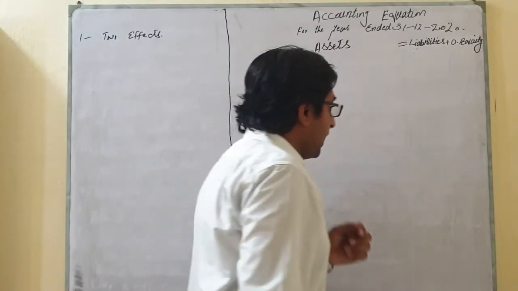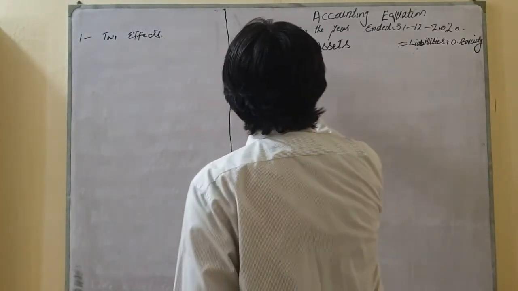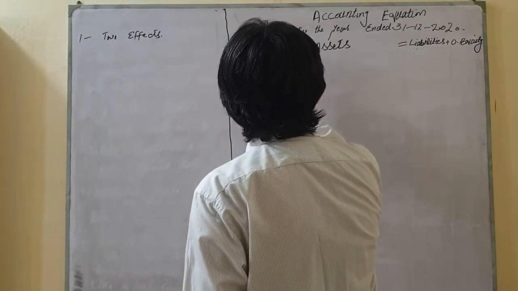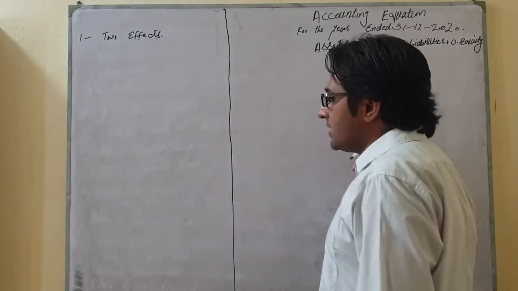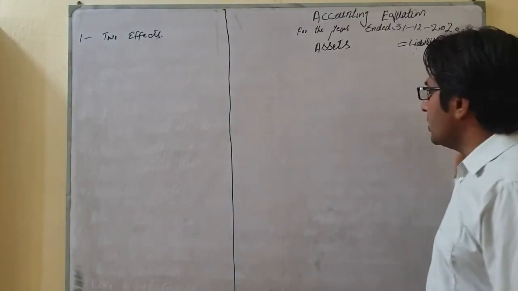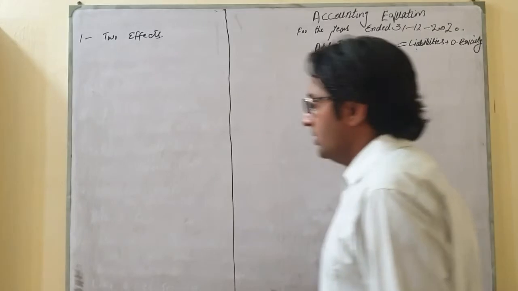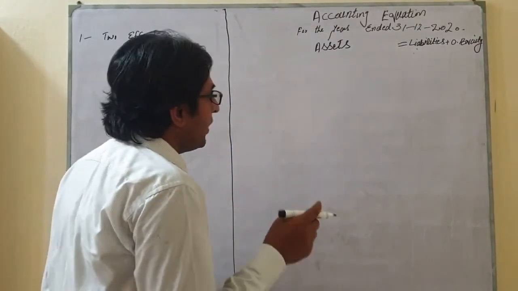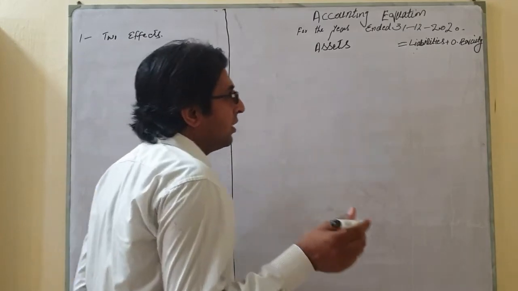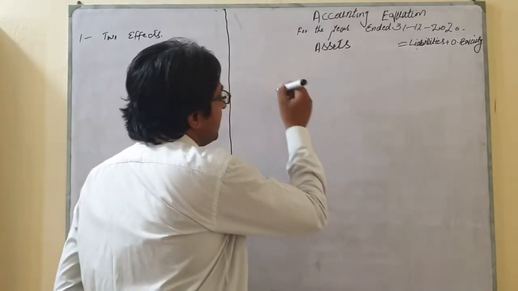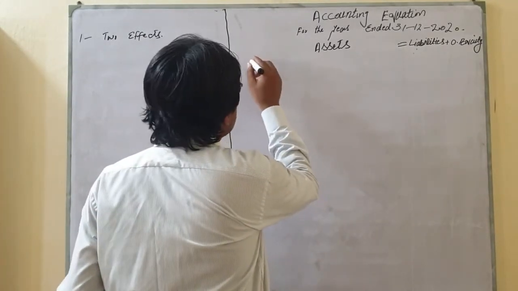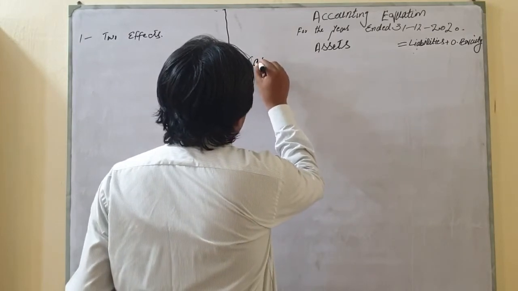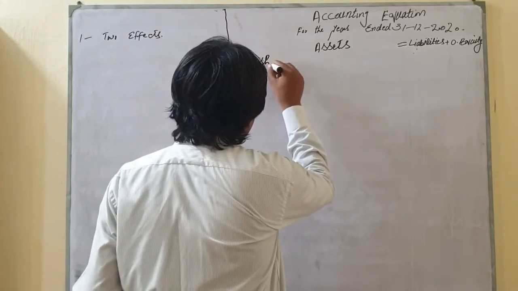So we take the example of these two effects. Let's suppose owner invested $50,000 into business. This is our first example that owner invested $50,000 in business. So cash is coming into business. We have to draw a column of cash.